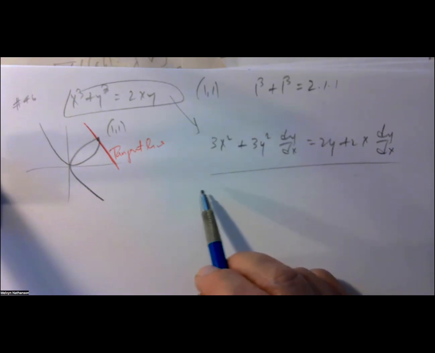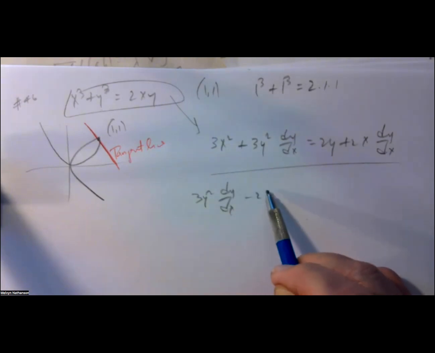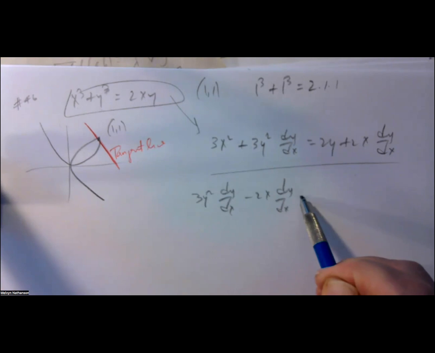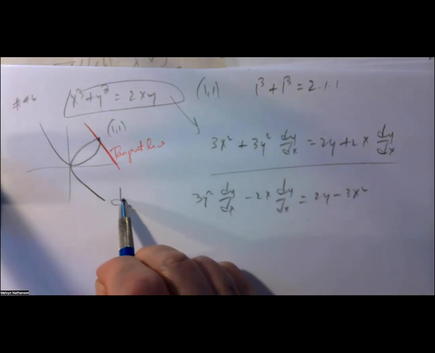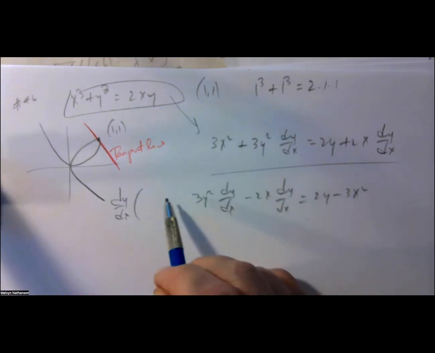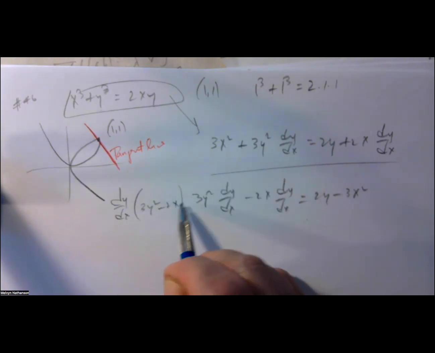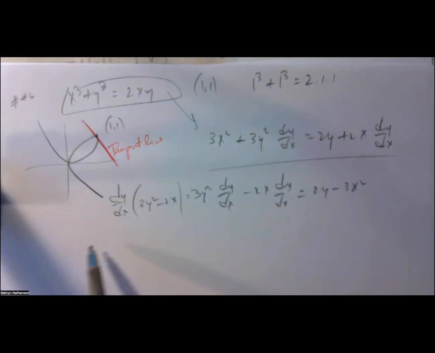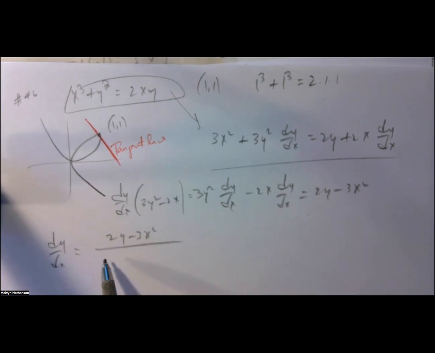If we rearrange it, we have 3y squared dy/dx minus 2x dy/dx equals 2y minus 3x squared. From this, we can factor out dy/dx, and we get (3y squared minus 2x). So dy/dx is equal to (2y minus 3x squared) divided by (3y squared minus 2x).